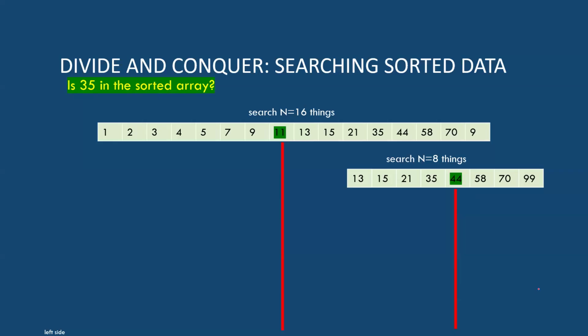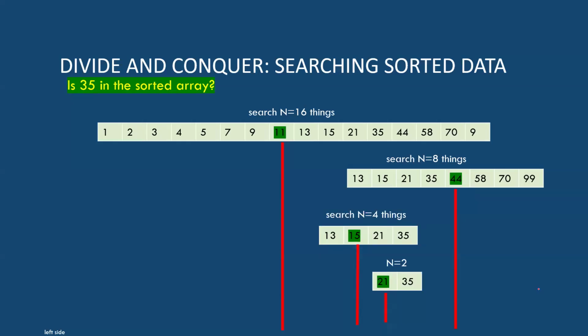Then you say, okay, it's less than 44. Is it greater than 15? Is it greater than 21? Boom. Maximum depth, 0, 1, 2, 3, 4. Log base 2 of 16 things. And we got that benefit because it was pre-sorted.